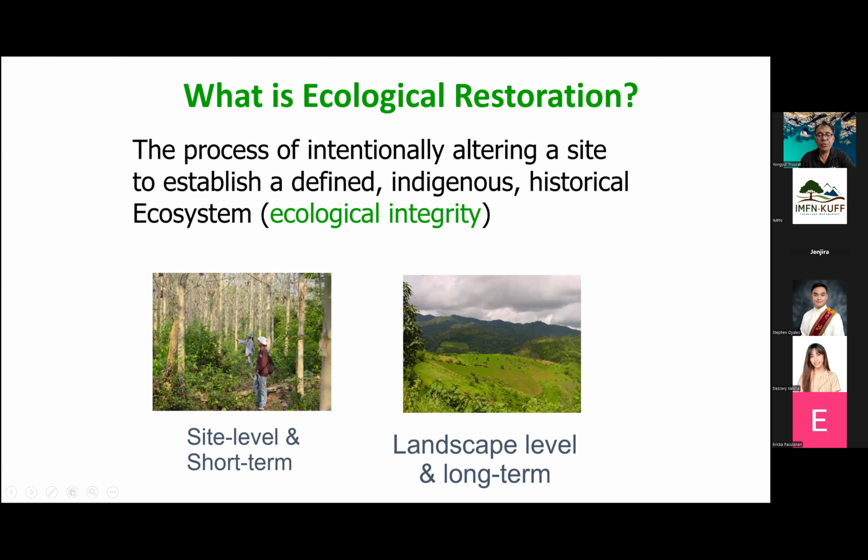So for this one, we have to consider other factors like connectivity and complementarity from one side to the other, to provide for the migration of species, and to support the population of species to avoid inbreeding in small areas.